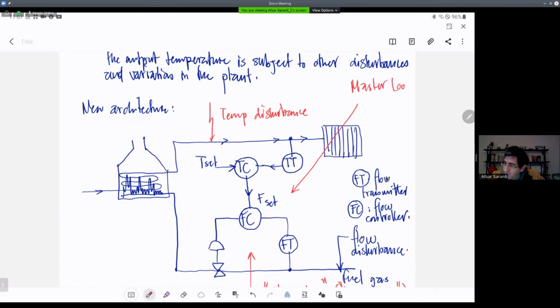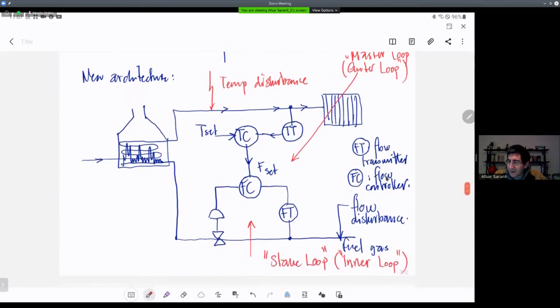There are two loops within each other. It's a nested architecture. Also, this is the outer loop. Now, I'm going to draw the block diagram of this architecture, but are there any questions so far at this point?